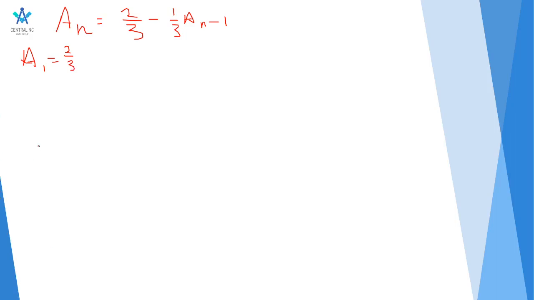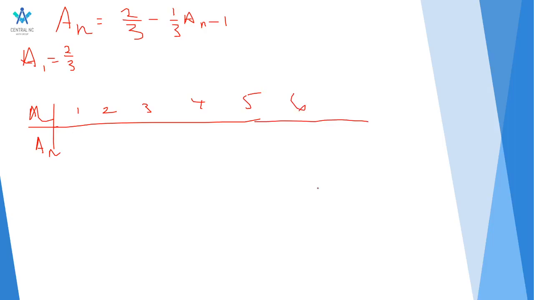Let's just list n and A_n, and so on. And this is just algebra from here on out. So you know this is 2/3. If you multiply that, 2/9, this is 6/9 minus 2/9 is 4/9, and you know 4/27, 18/27.